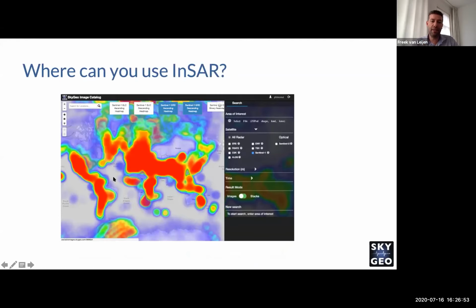You see that the red patches have the highest density of observations, but there are large areas in the world with very high density of available data for the Sentinel, but even if there's less coverage at certain parts, then still there's data available. So basically all over the world, we can do these kind of analysis.